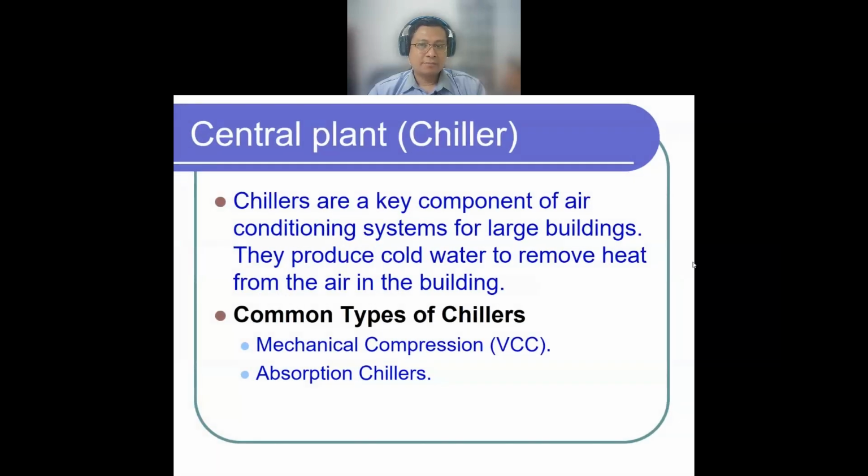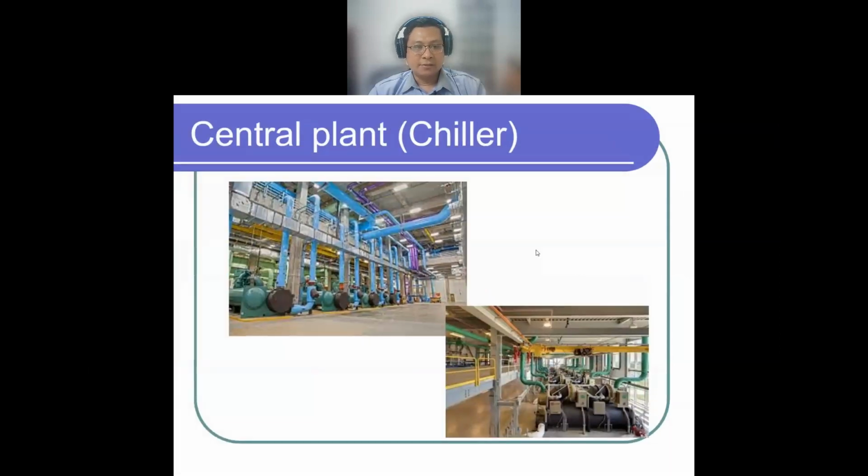Okay, chillers are a key component of air conditioning systems for large buildings. They produce cold water to remove heat from the air in the building. The common types of chiller are the mechanical compressor and the absorption chiller. Okay, let's check. Here you can see the green one, like the shell type. That one is the chiller, and each chiller is provided with one pump.